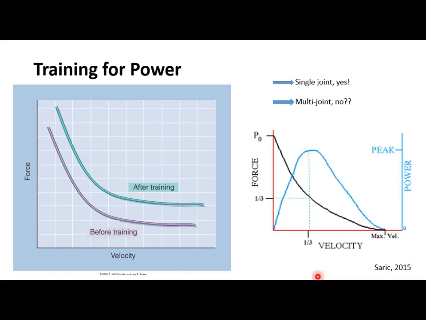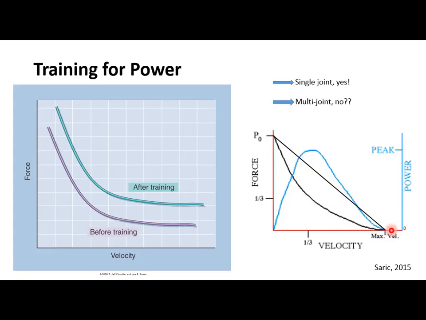Sarich in 2015 found that for multi-joint movements, like those during swimming and volleyball or bicycling or squatting, there's a linear relationship between force and velocity. Not a curved one like this, but a linear one.